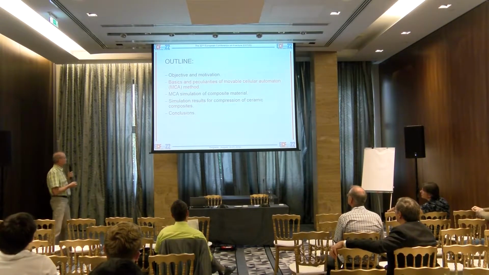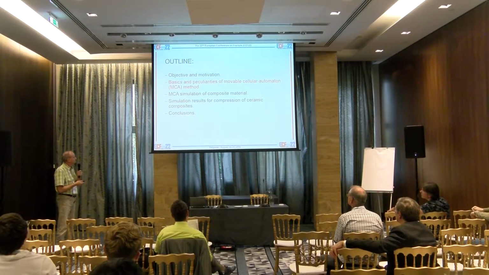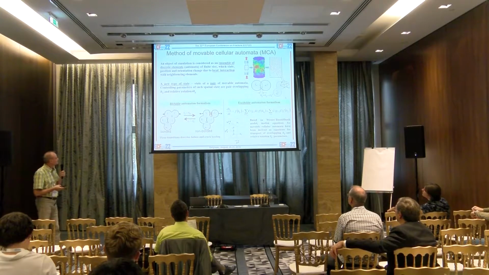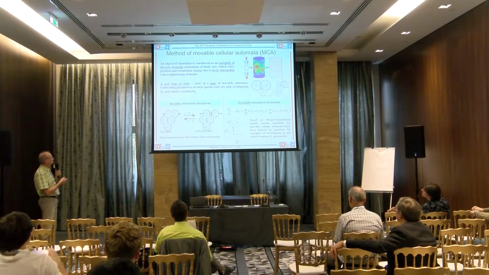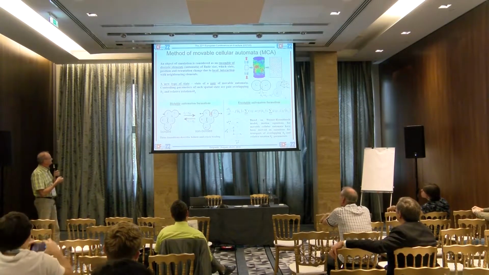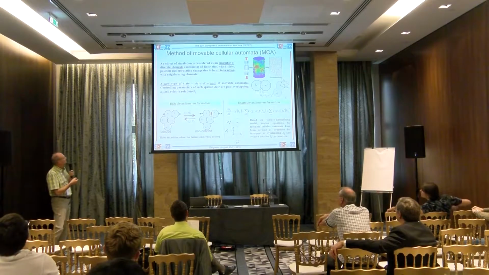About the method for modeling, it is the so-called movable cellular automaton method. It is based on the discrete approach, which means that we consider material as an ensemble of discrete elements. We call them automata.